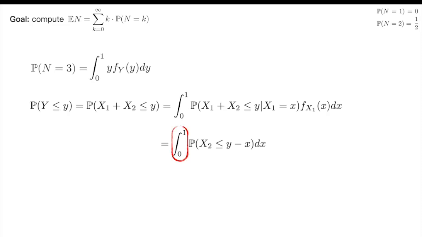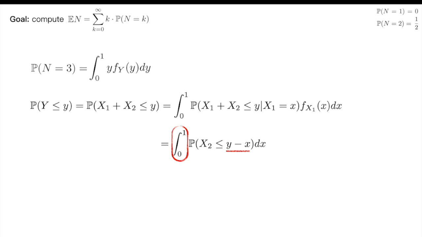The integral needs to be from 0 to 1. However, the term y minus x can be negative, because y is some number we fixed in the beginning and x ranges from 0 to 1. If x is greater than this small y, then this term may be negative. But x2 is a price, uniformly distributed on 0 to 1.